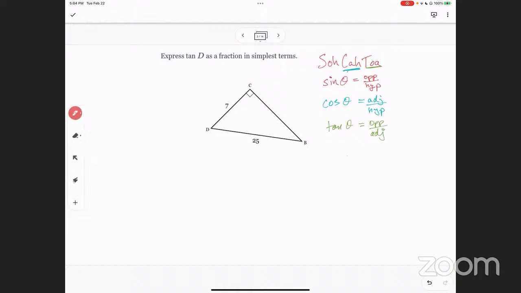Yeah? So the sine of this angle, let's call that angle theta. The sine of theta would be equal to whatever the opposite side, that's the opposite, right? Divided by the hypotenuse. So the sine of an angle is a ratio of numbers.